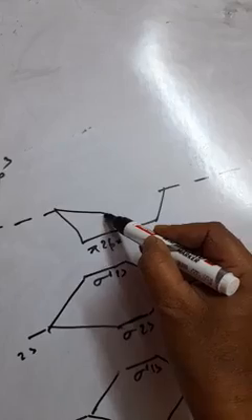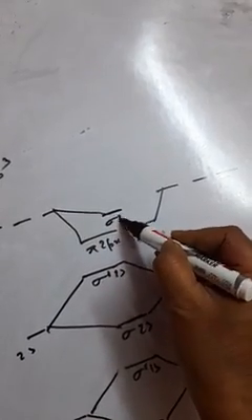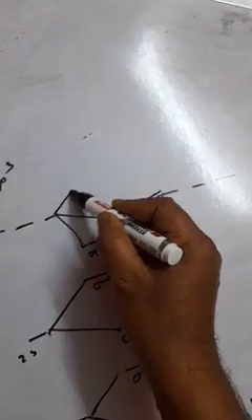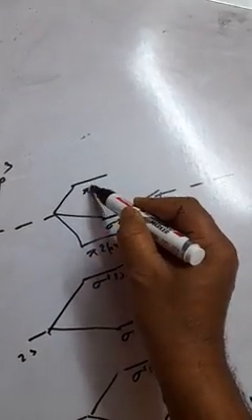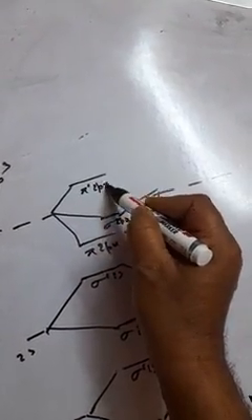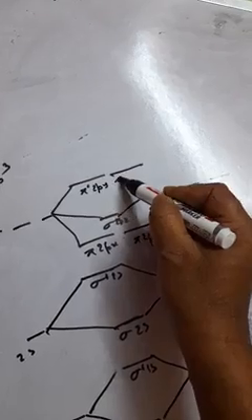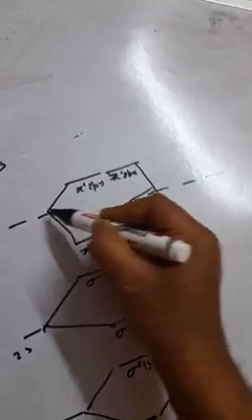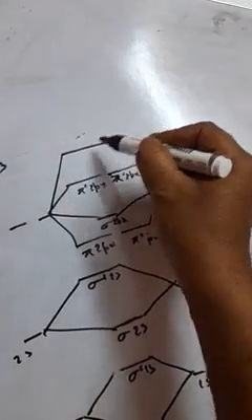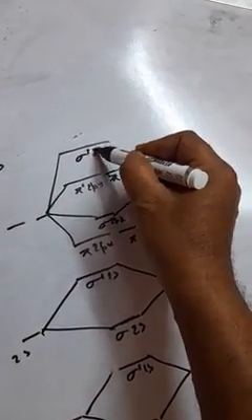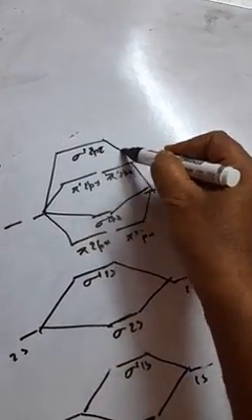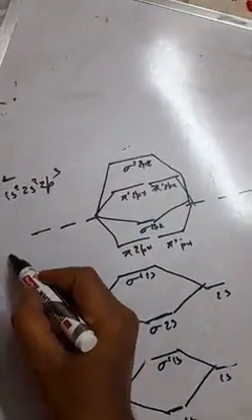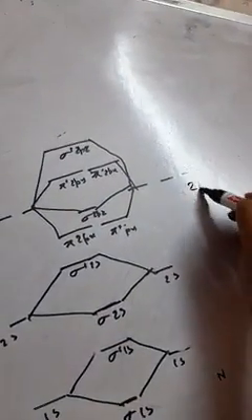Next is sigma 2pz. Next in the upper portion are pi star 2py and pi star 2px. And then next, sigma star 2pz. All are in the 2p portion. This is the 2p level.